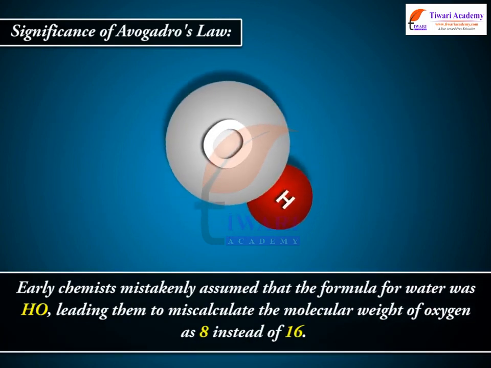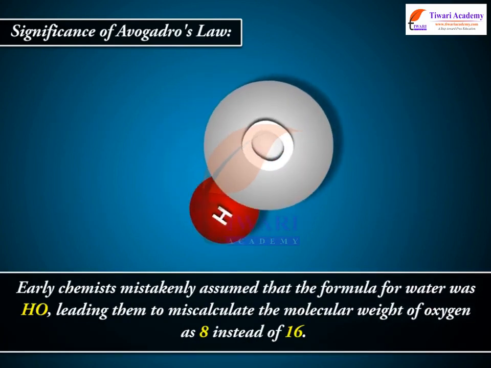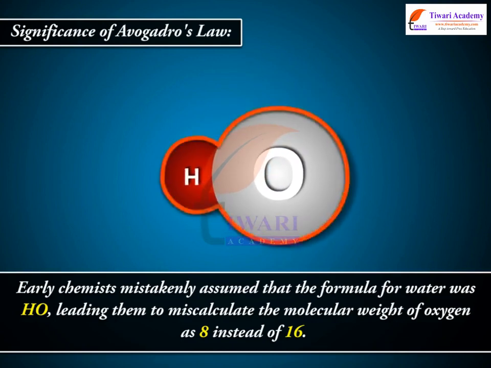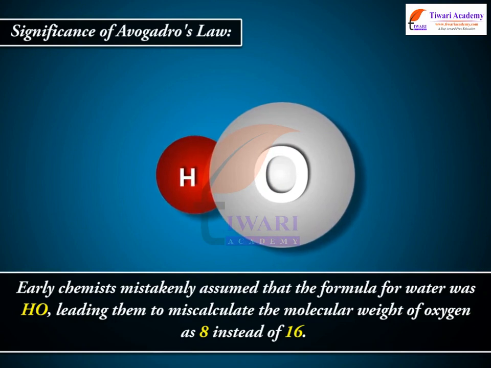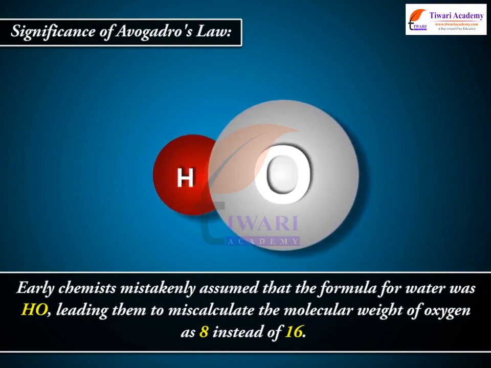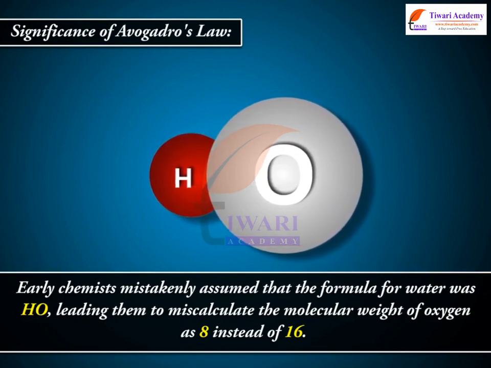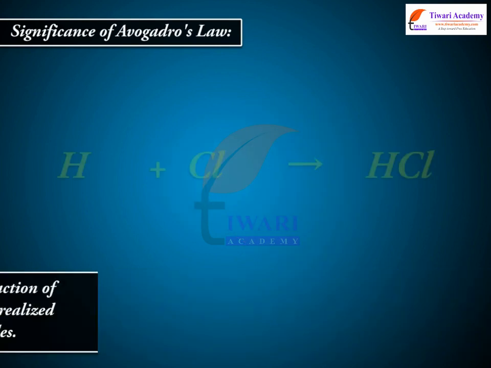Early chemists mistakenly assumed that the formula for water was HO, leading them to miscalculate the molecular weight of oxygen as 8 instead of 16.